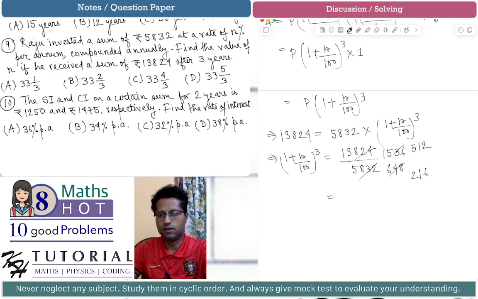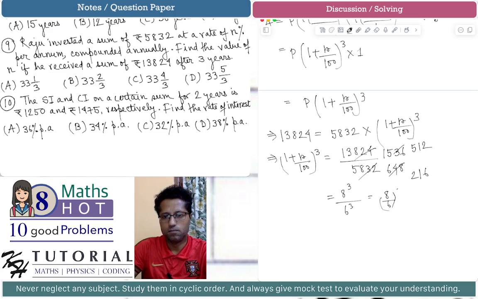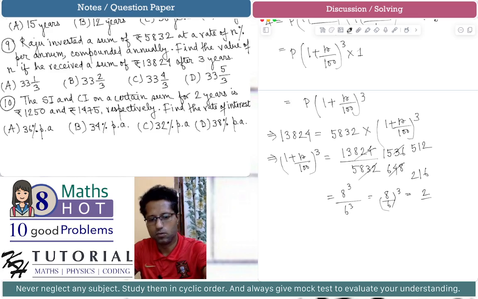So 512 is a cube of 8, and 216 is 6 cube. So this is equal to 8 by 6 cube, or this is equal to 4 by 3 cube.